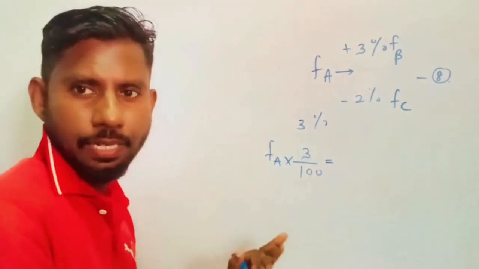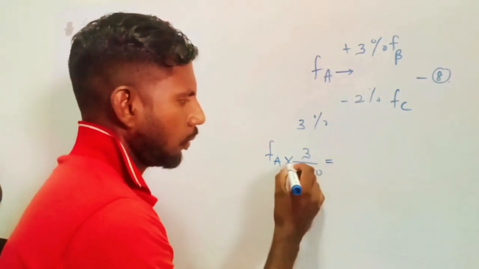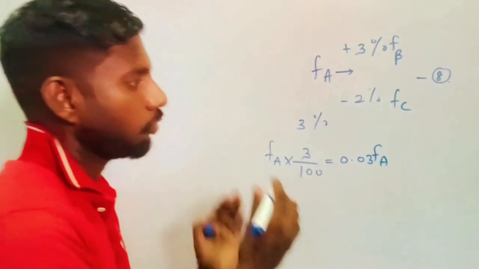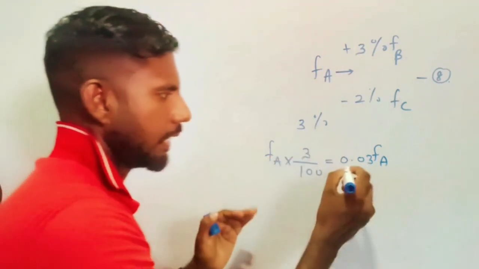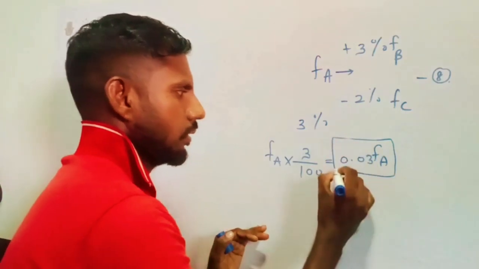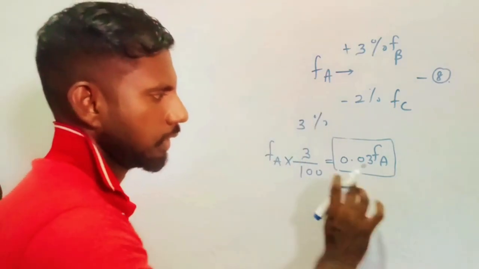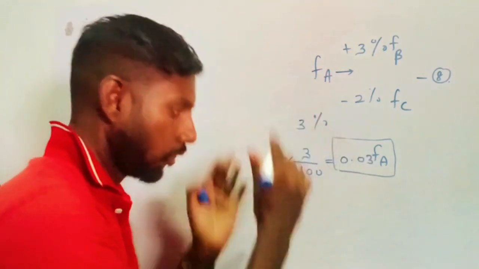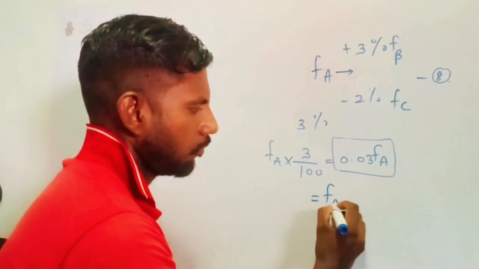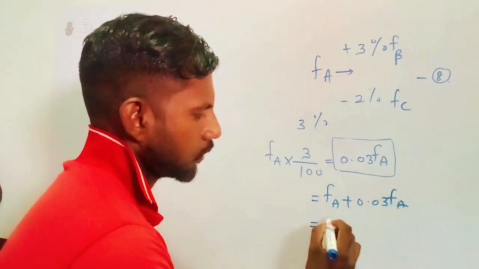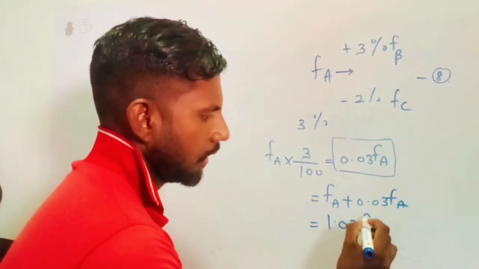So what are we getting here? 0.03 FA. This is the increment from FA, 3% greater than FA. So the final value will be FA plus 0.03 FA. So it's 1.03 FA.